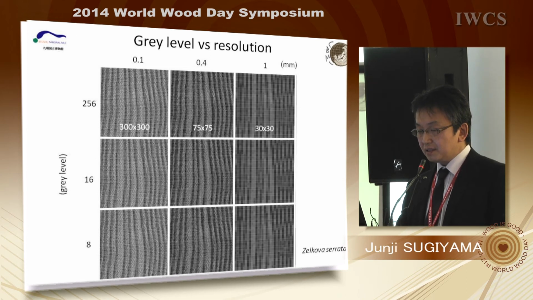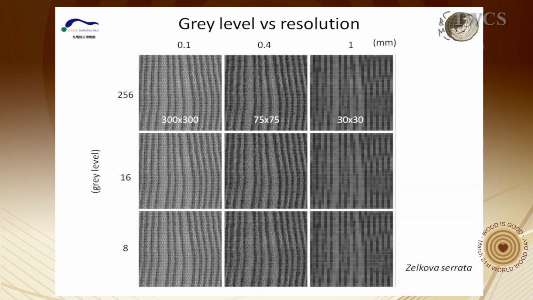In this case, the gray level is 256, and the resolution is 0.1. But if it is reduced to a resolution of 1, the image becomes like that. It's miserable. By the way, this is a picture of Cercova serrata.